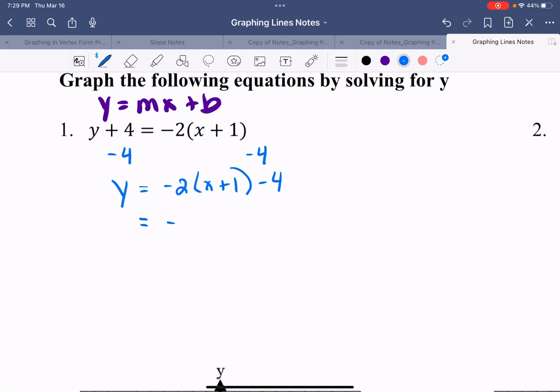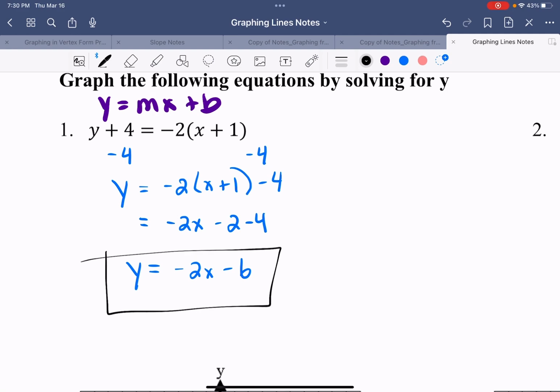So we have -2 times x is -2x, -2 times 1 is -2 minus 4. All right, do you see like terms? I can combine those, and I now get y is equal to -2x minus 6. This is my new formula, or my new equation of line.